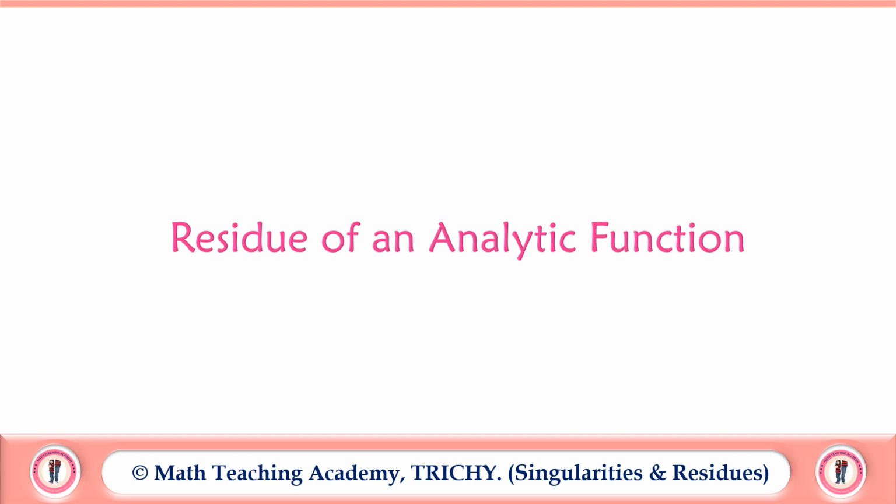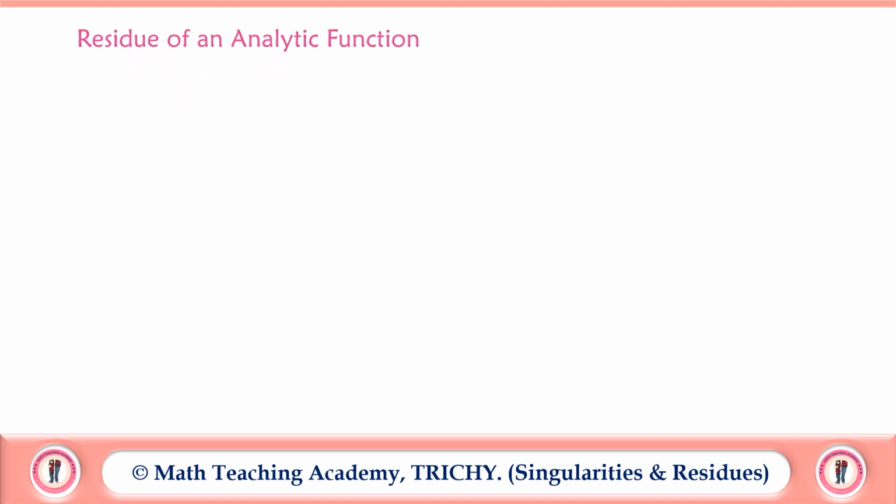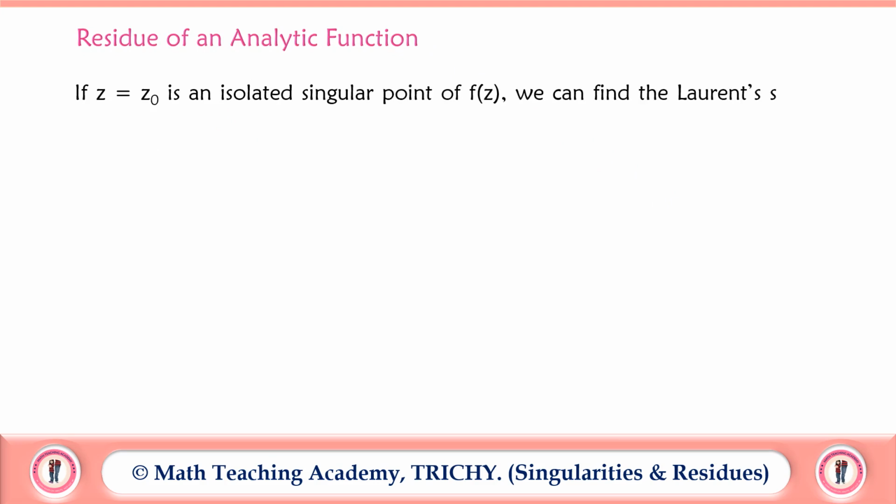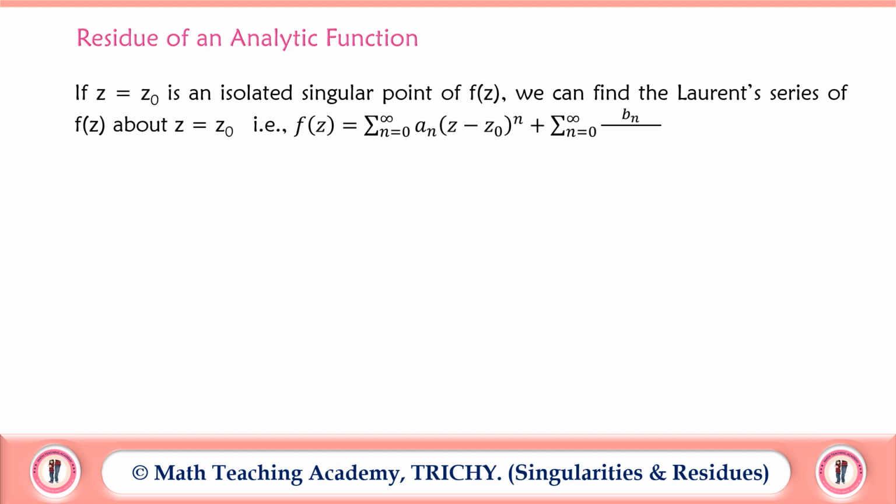Now we are going to look at the residue of an analytic function. What is a residue of an analytic function? If z is equal to z naught is an isolated singular point of f of z, we can find the Laurent series of f of z about z is equal to z naught: f of z is equal to summation n is equal to 0 to infinity a n into (z minus z naught) whole power n plus summation n is equal to 1 to infinity b n by (z minus z naught) whole power n.